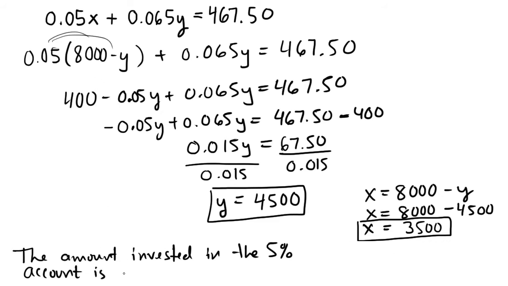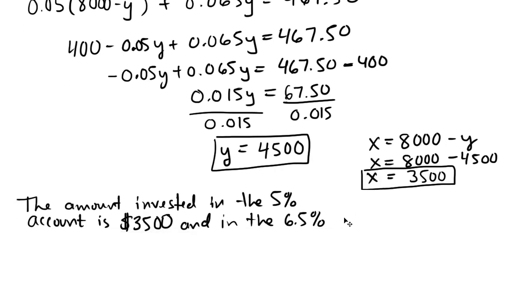So $3,500. And in the other account, which is the 6.5% account, there is $4,500 invested.